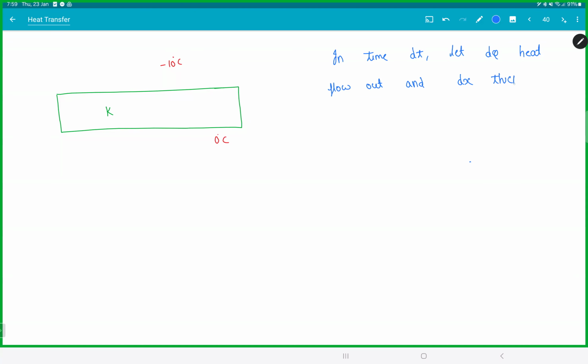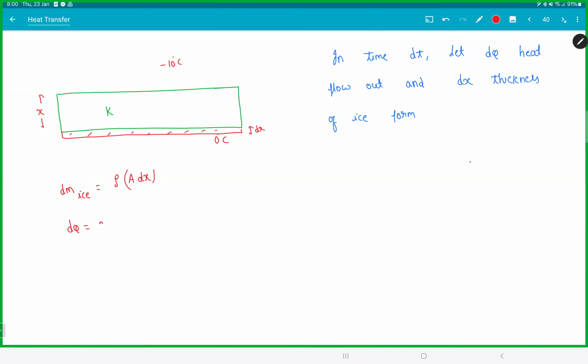So for every small heat, a small thickness will form. So what is the mass of this ice? The mass of the ice that forms is density of ice times area times dx. Agreed?